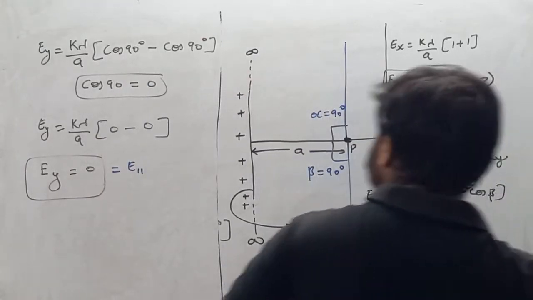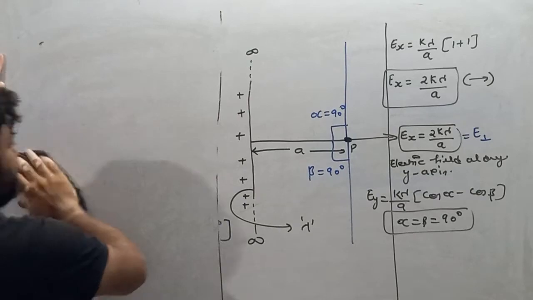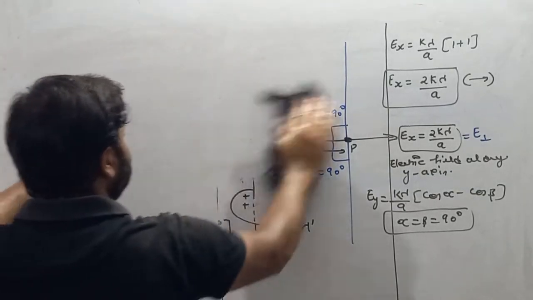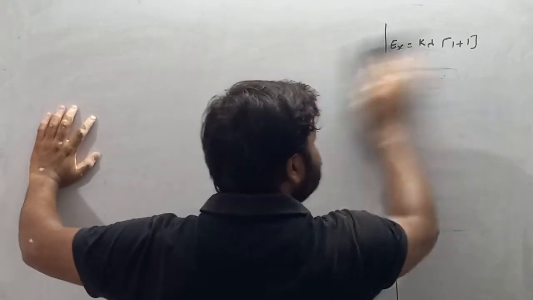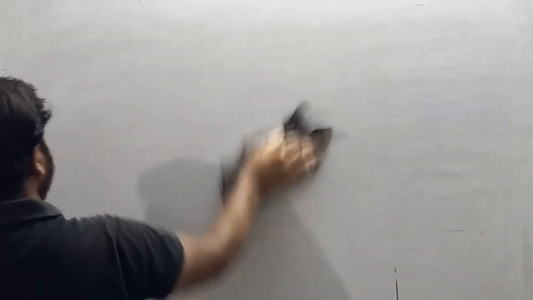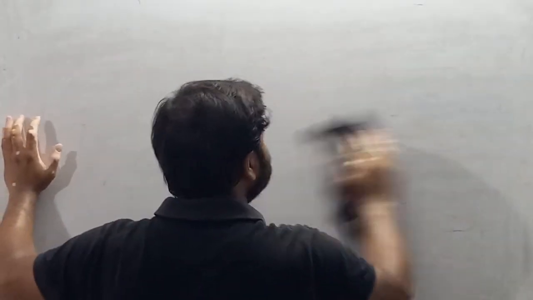So write down the direction of electric field due to infinite length wire.